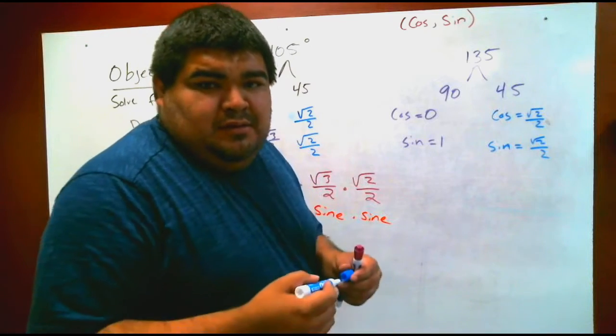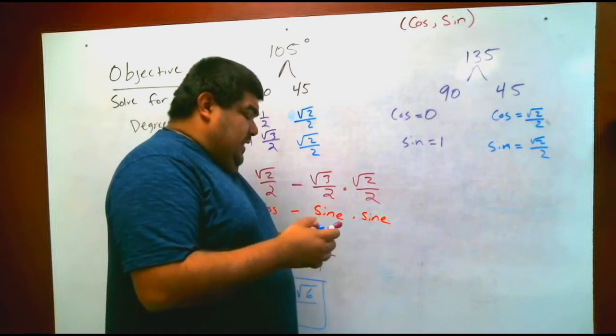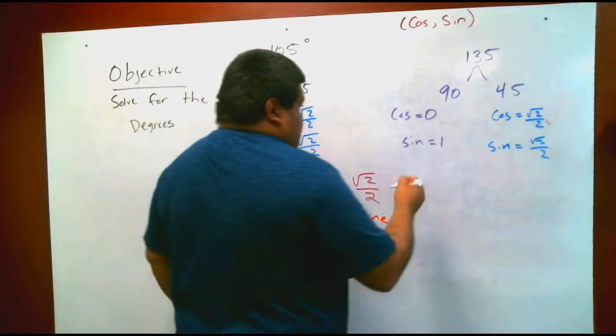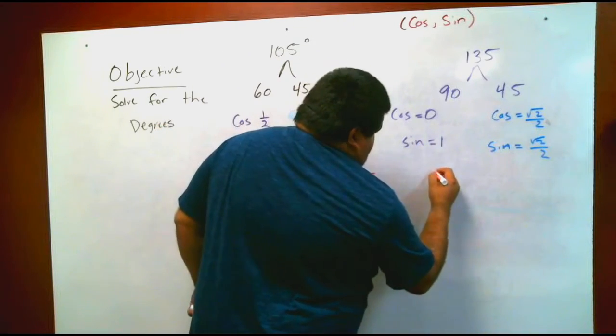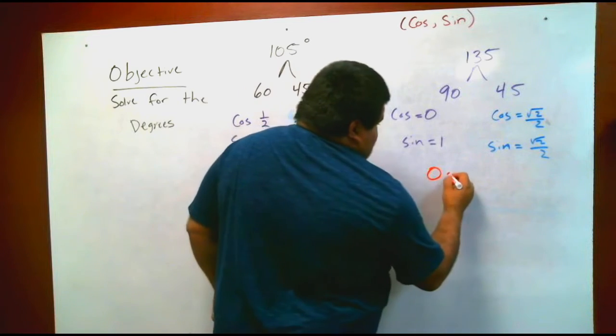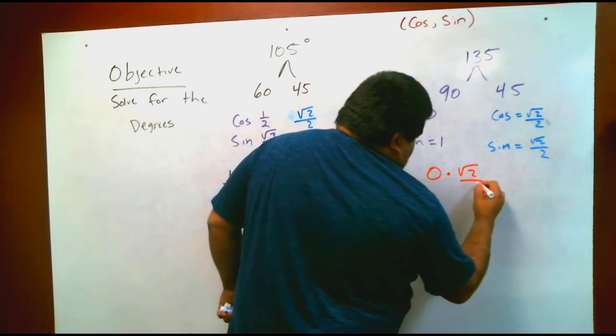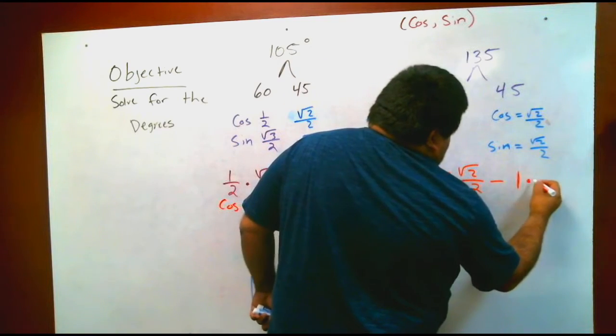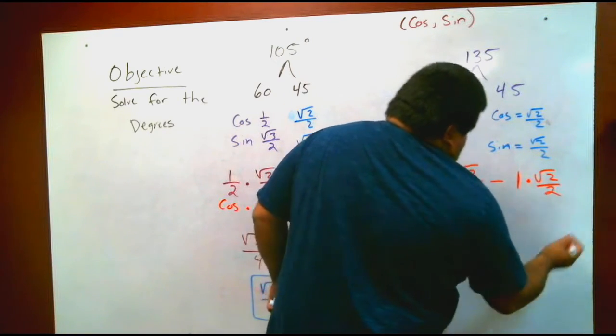So all we have to do again is combine them. We have cosine of the first one times cosine of the second one minus sine of the first one times sine of the second one.